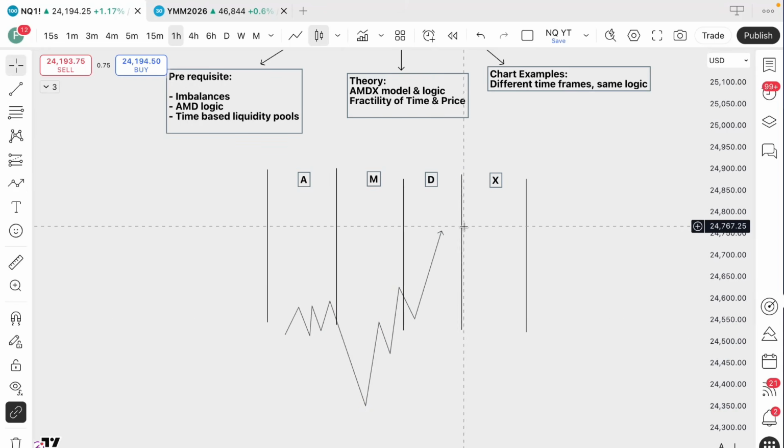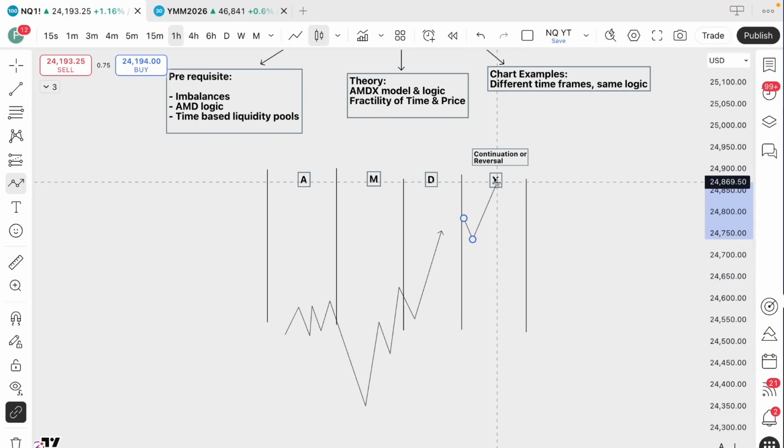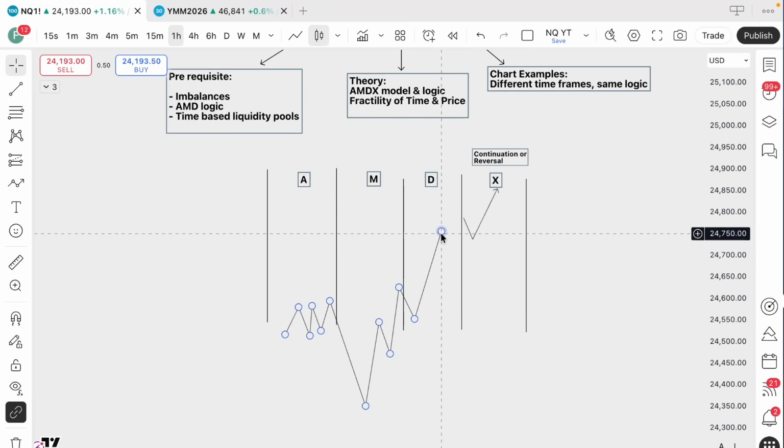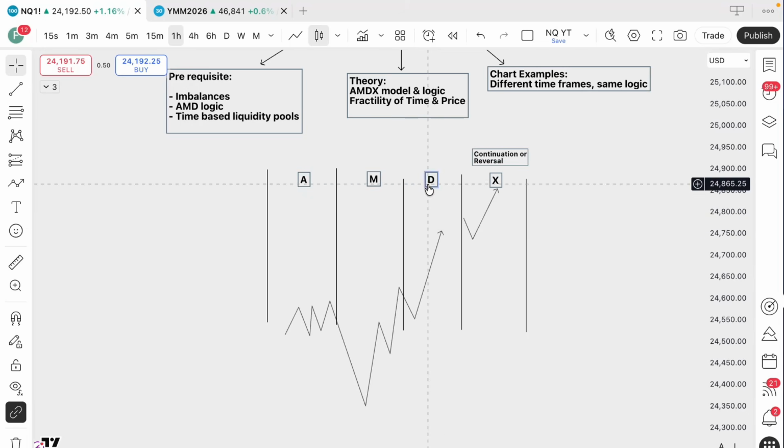What is X? X can be either continuation or reversal. So this can either be an open-ended continuation, or it could be that your distribution already reached your target and now the X function is to retrace or reverse this expansion.